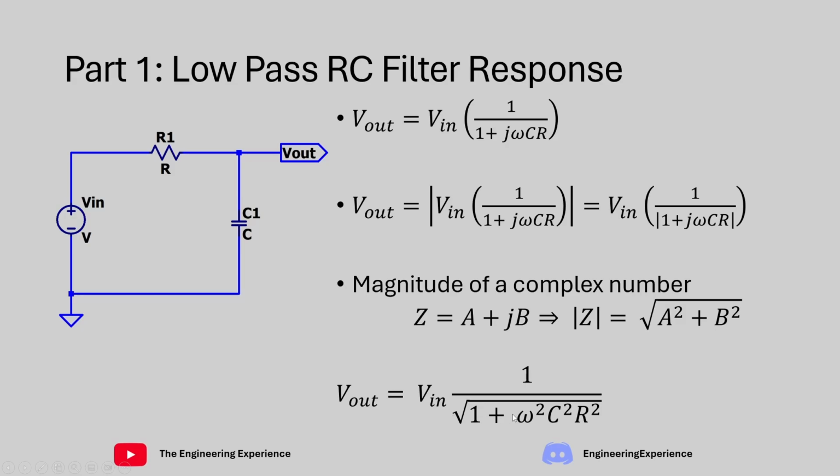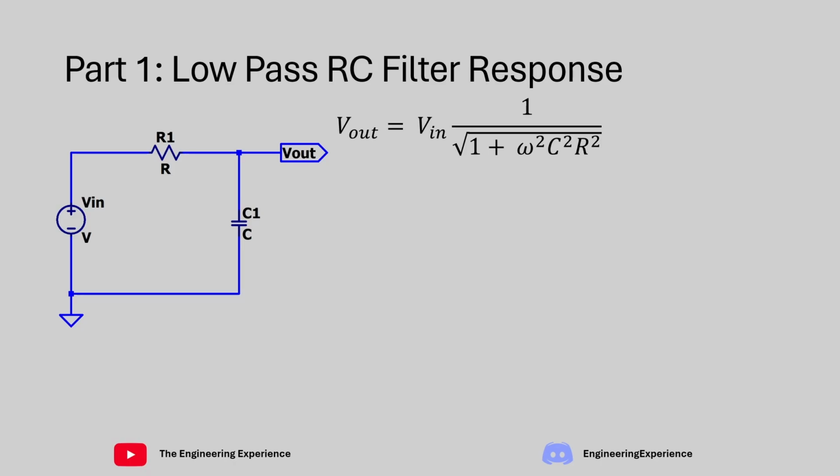On the bottom, you have 1 squared, which is 1, plus omega squared c squared R squared. I've covered this in more detail in my previous videos, so feel free to check them out. There are quite a few questions in the Art of Electronics that focus around low-pass filters, so we've been through this multiple times already.